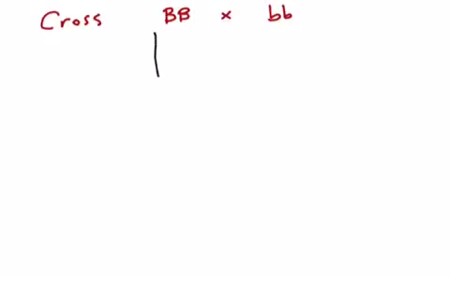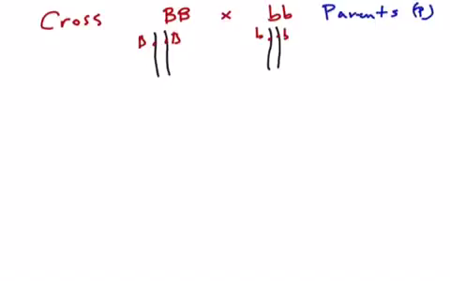This mouse is going to have big B alleles on its genes, and this mouse is going to have little b at the same locus on its pair of chromosomes. Before we go on, we'll just write in here that this is the parent generation. These are the parents, often just denoted by capital P, and these are the genotypes of the parents here.